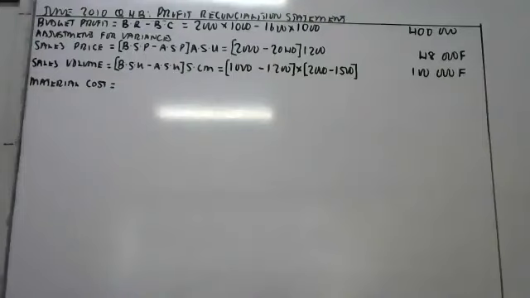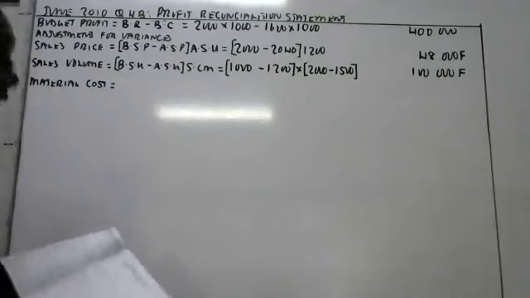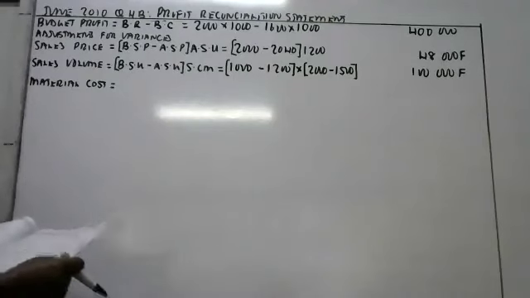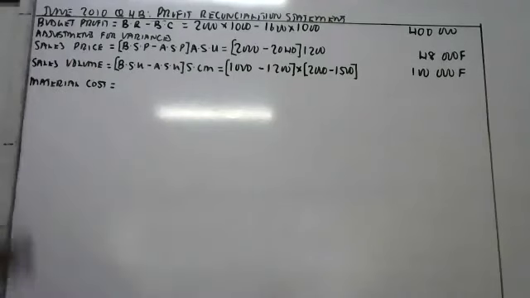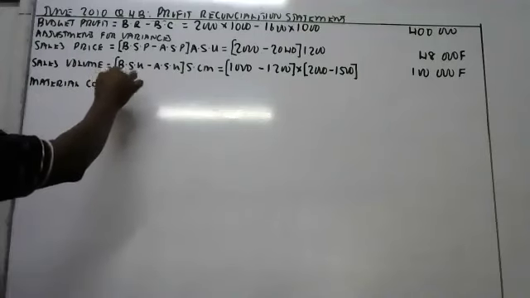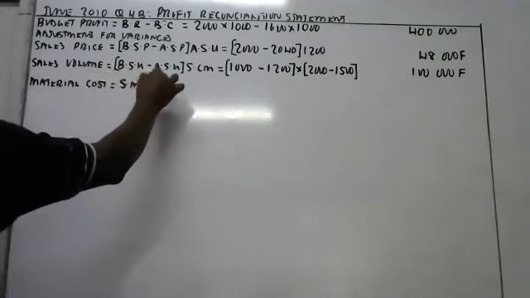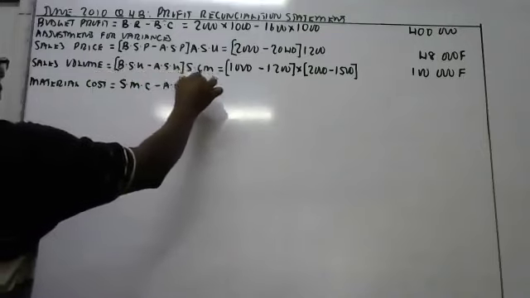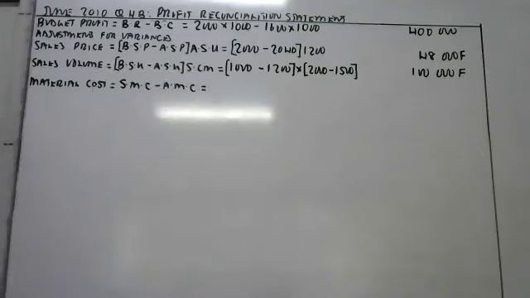Confirm 400, okay. We're going to clear 14 and 12 in budget and actual. So, confirmed? Good. If it is confirmed, we go for material. Material is said to be standard material cost minus actual material cost.